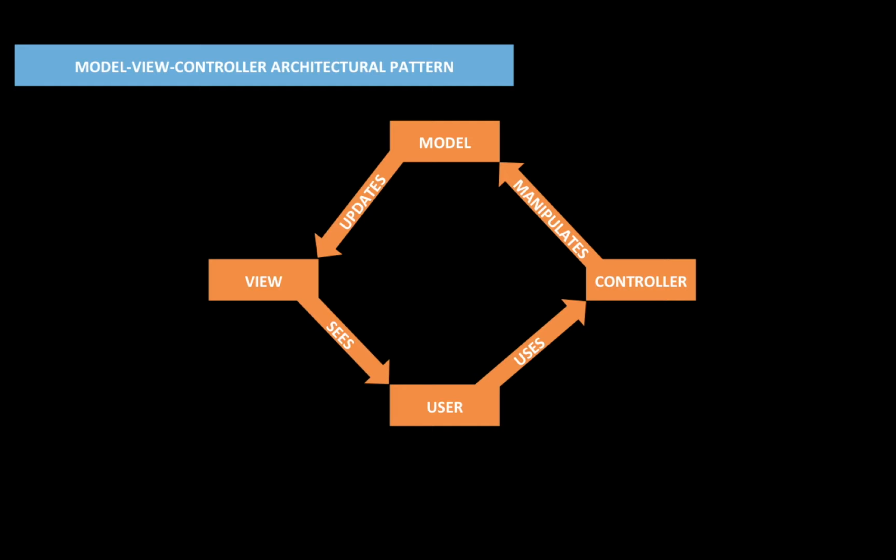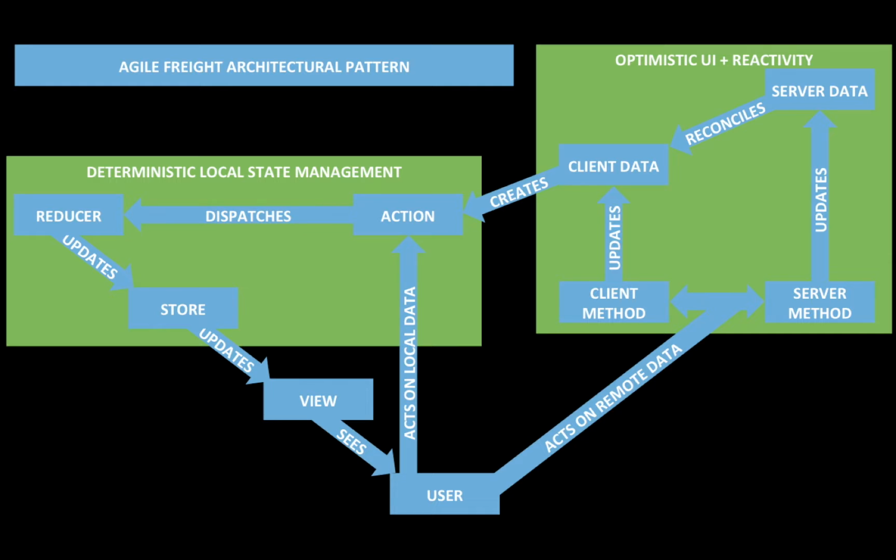And so next I'm going to show you my take on the current architecture of Agile Freight. There's a lot more boxes in here, and it probably looks overwhelming, but this is something that our developers should probably understand so that when they make decisions on architecture, they can understand the impact of those decisions.